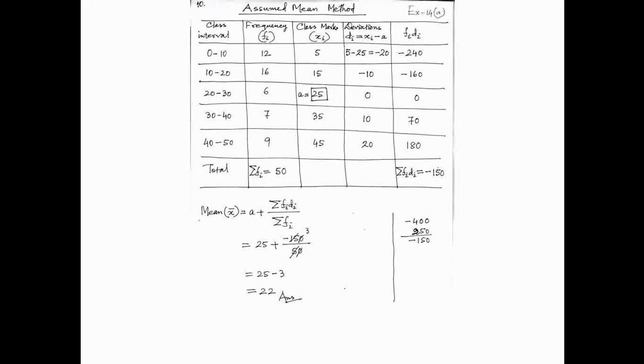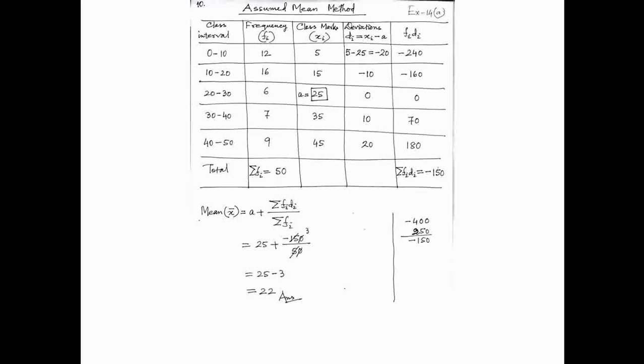Then proceed to the last column, that is fi di. That means you have to multiply the deviation and the frequency. Here the frequency is 12, and in the same row the deviation is minus 20. So you multiply, you will get minus 240.